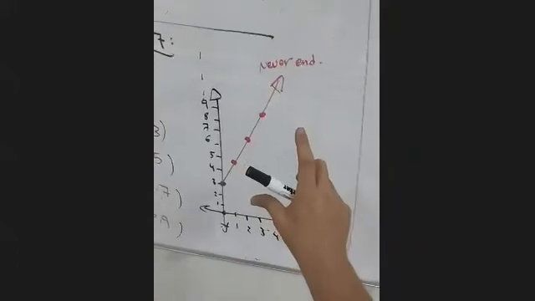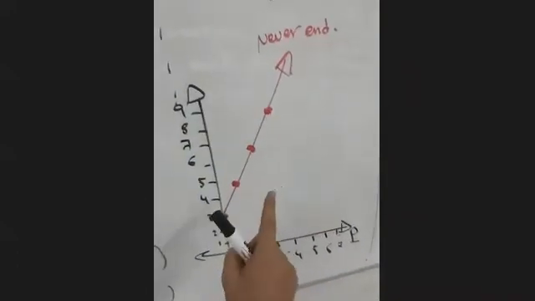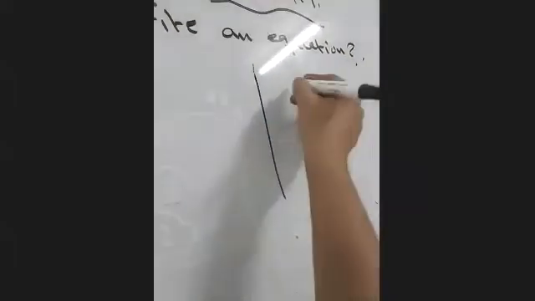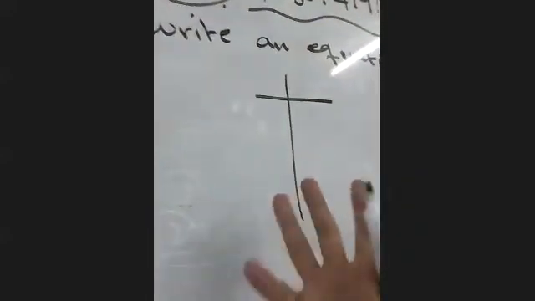We have the graph. We will make what? The table, from where? From the graph. Now, let's go to the graph and prepare the table from the graph, okay? What are the two variables here? We can take them from the graph itself, guys. Look at the graph here. At the horizontal one, what's the variable?